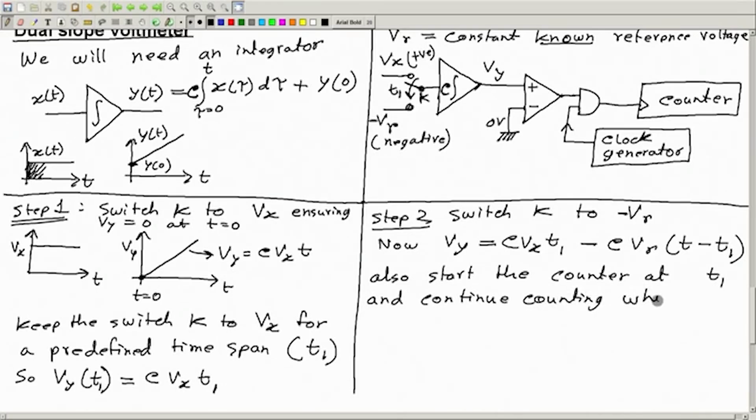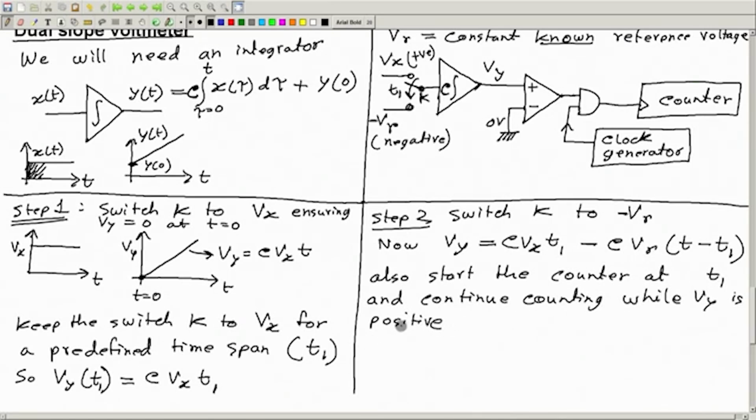while Vy is positive. So Vy was positive initially at t1, and then it is decreasing, and so if it is decreasing, at some moment it will come to 0. So when will it come to 0?